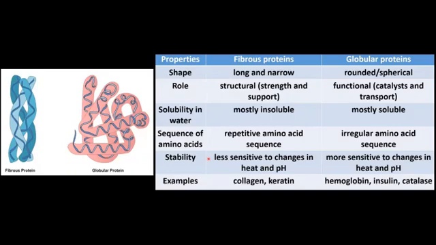It's because of the irregular arrangement of their amino acids, as well as their function. Here we have listed our examples: collagen and keratin for fibrous proteins, and hemoglobin, insulin, and catalase for globular proteins.